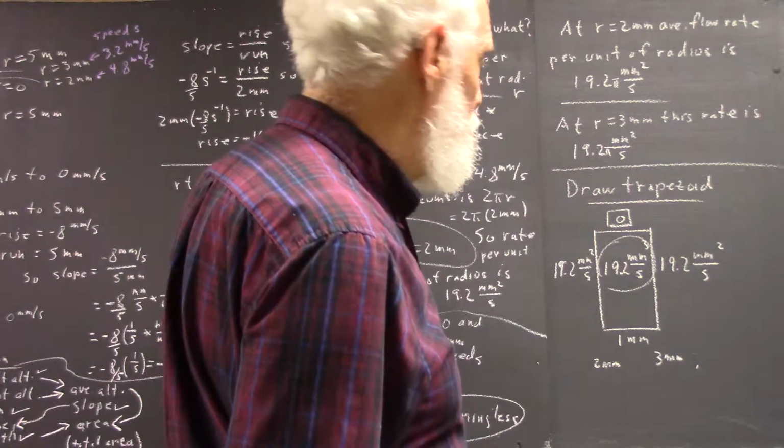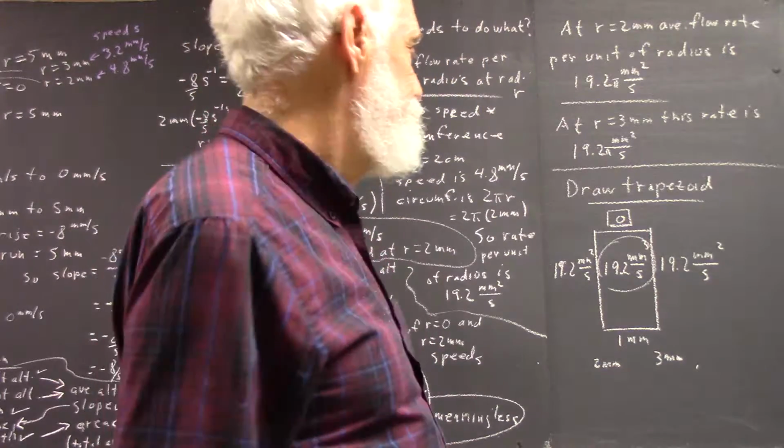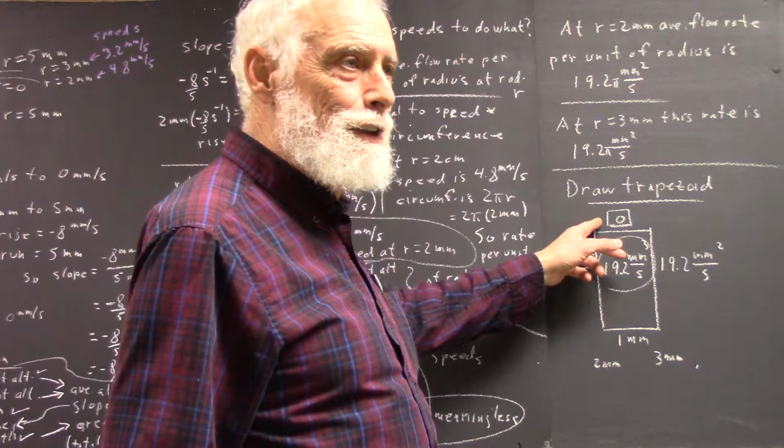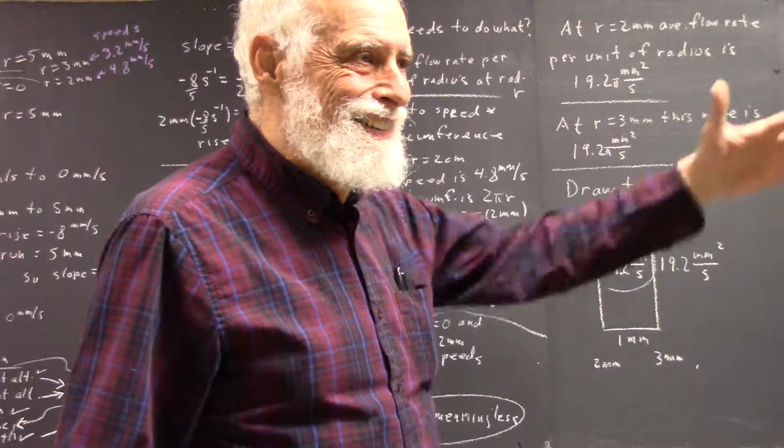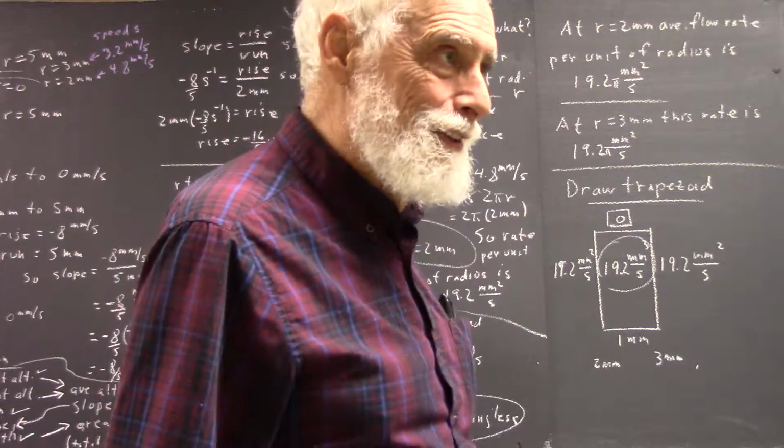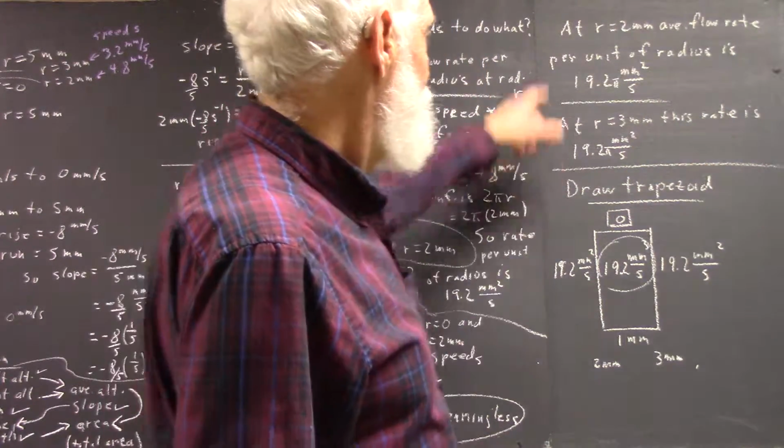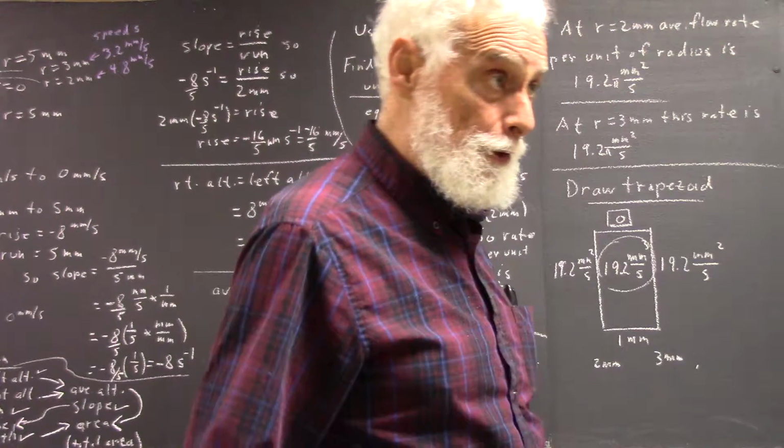So really, a slope of 0 just tells us that on average between these 2 points, there's no change in this flow rate per unit of radius.